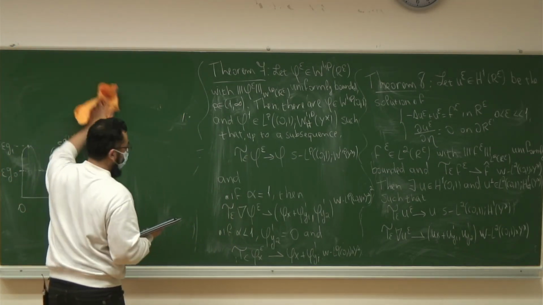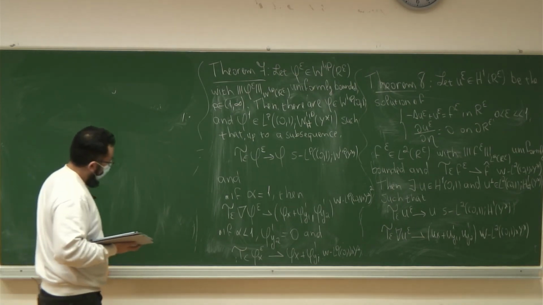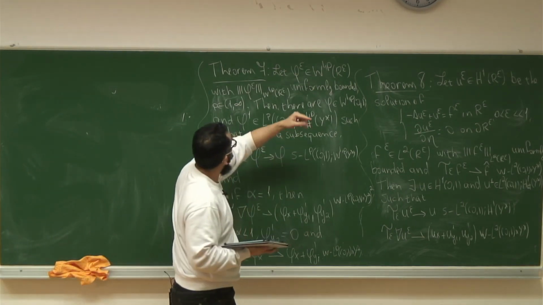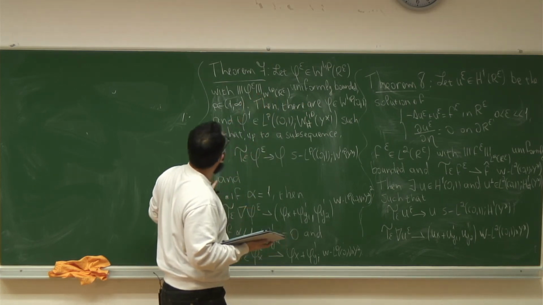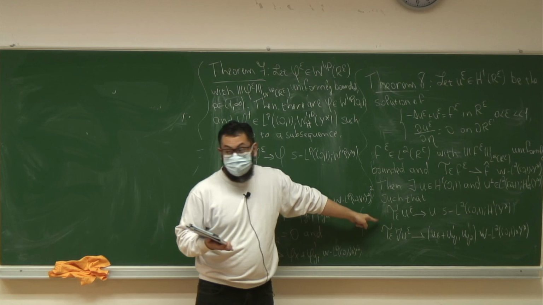So if you see, for now, basically if we have these uniform bounds of the sequence, then we just apply this theorem here to obtain this part. It's quite simple.